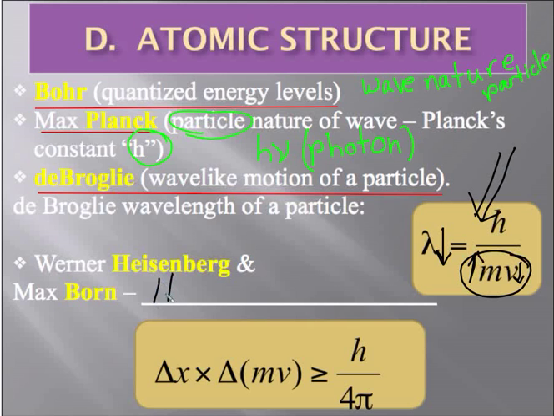This is often called the Heisenberg uncertainty principle. I don't know how it got named after Heisenberg and not Born. We don't call it the Born uncertainty principle.